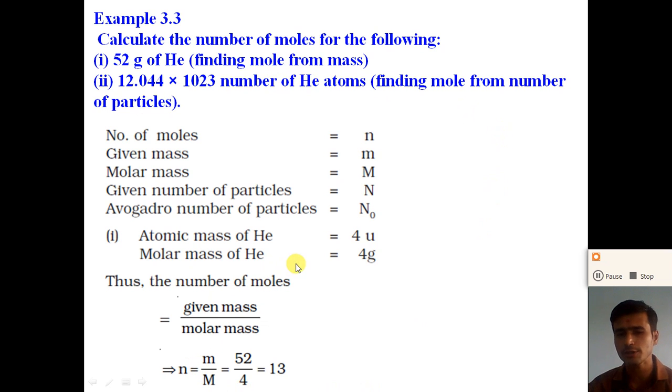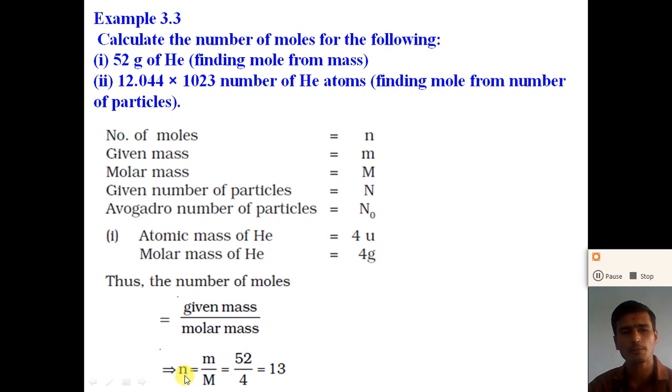How do we calculate the number of moles from the mass? The number of moles is the given mass divided by the molar mass.